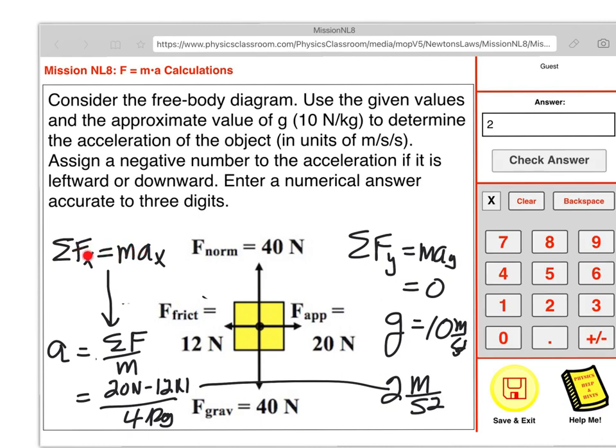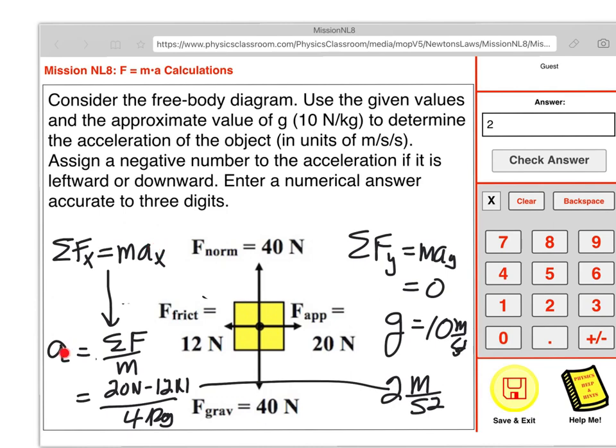Now I'm following what we do: we always break the sum of forces into the x and y components, and in this case, the only acceleration is going to be this way. These two forces are equal and opposite. There's no acceleration in this direction, and we're using g equal to 10. So this is the equation we want. We want the acceleration in the x direction.